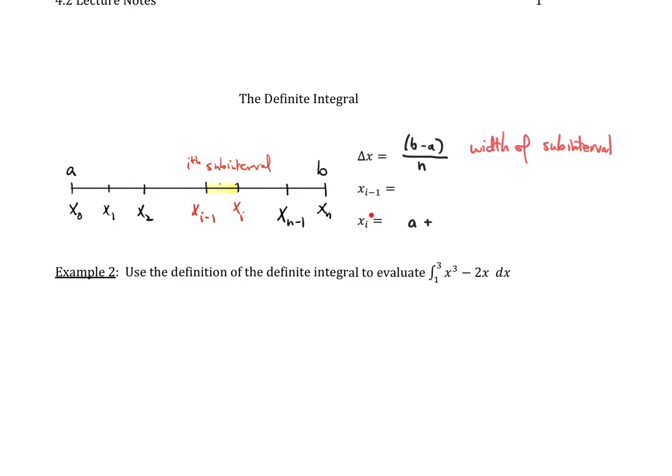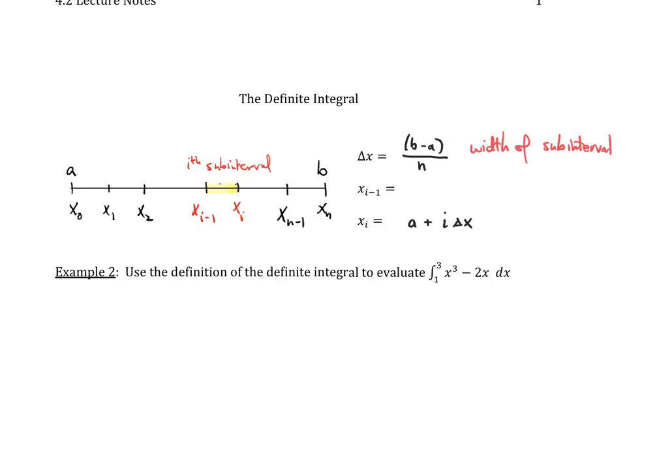So xi is going to be a, your starting point, plus i times delta x. And if we add i delta x's, we're going to start at a, here's the first subinterval, the second subinterval. When we get the ith subinterval, we're going to be able to grab this point.